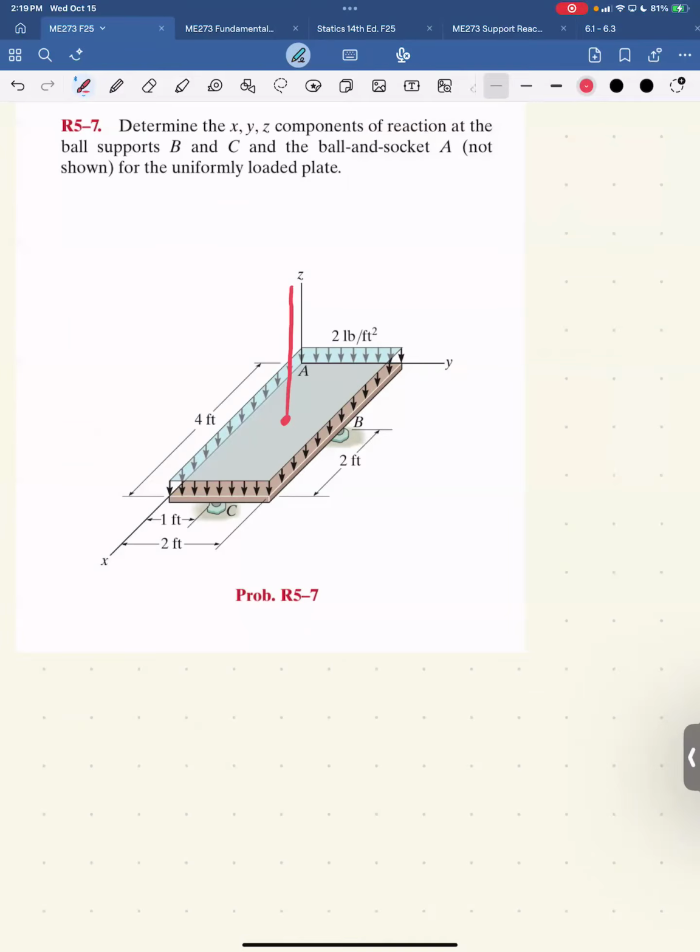And notice that this is the weighting function in pounds per square foot, whereas in 2D it's pounds per foot. That's because in 3D you're going to be multiplying by an area. Same principle though. So the area of the swimming pool is 2 by 4, right? So it's 2 times 4 times the weighting function, which is 2. So that's 16 pounds.